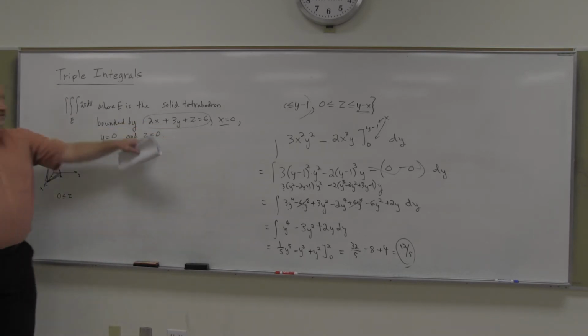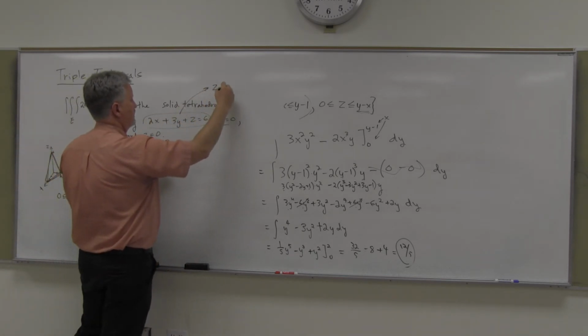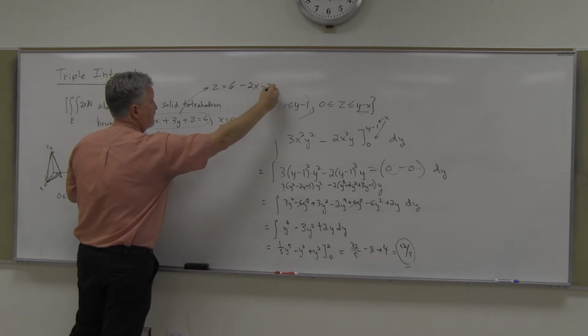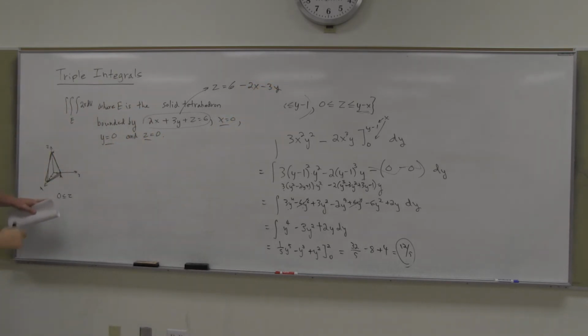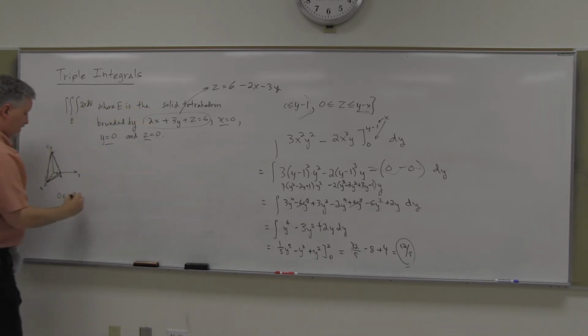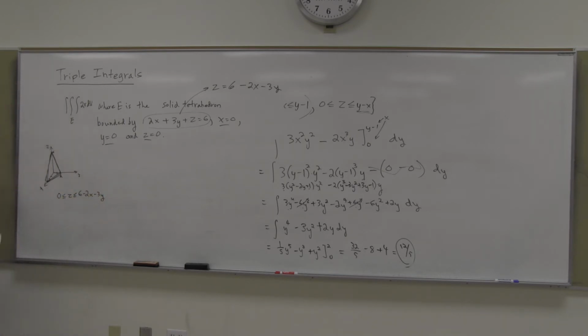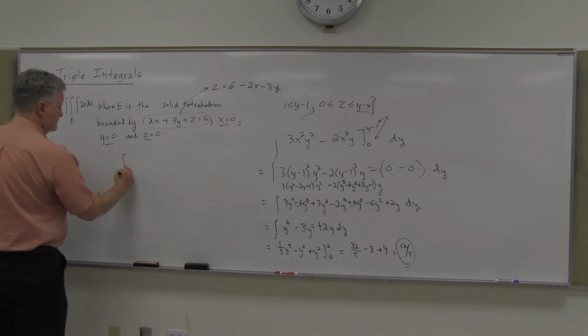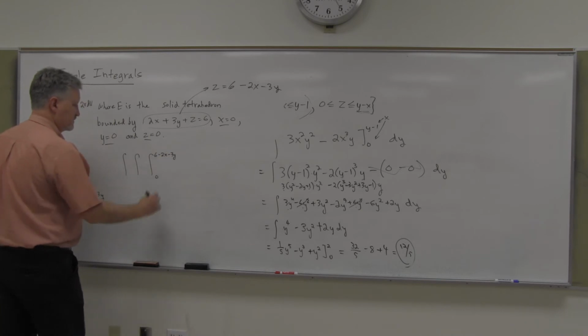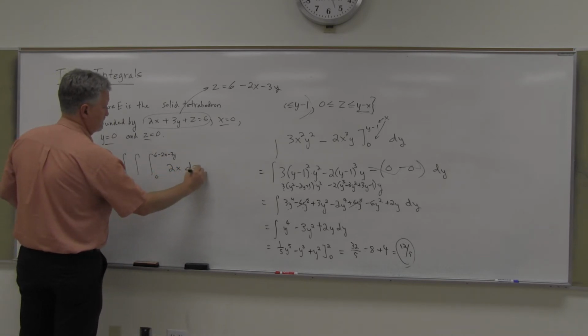So I probably want to represent this as a z equals function here. So you're with me there. Z goes between 0 and 6 minus 2x minus 3y. All right, so that's my start of it anyway. The z's go from 0 to 6 minus 2x minus 3y. Z's first.